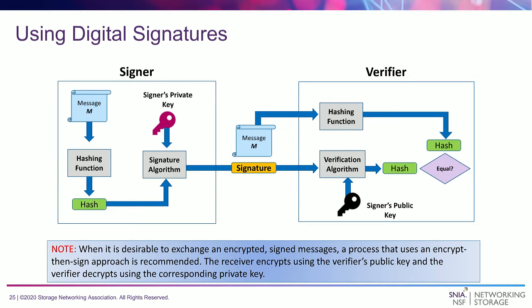The twist is that the signer's public key is basically used to extract the hash value that was signed, and then there's a calculation done on the verifier side of calculating their own hash value, and those two are compared, and if they match, then in that instance you get integrity, and you've also verified that the individual who you expected it to be from did in fact send it.